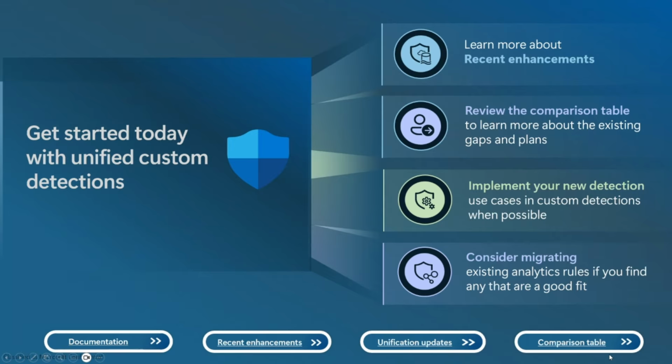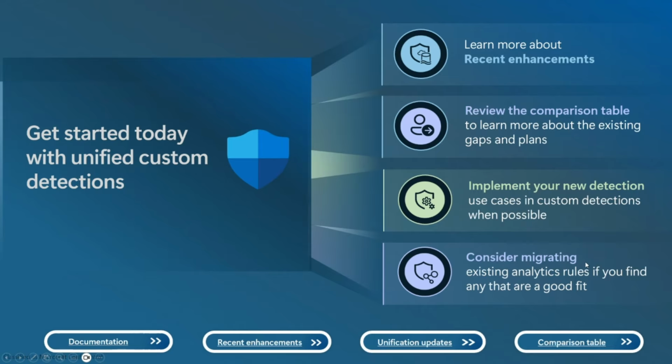So after reviewing the comparison table, if your use case is able to be performed by custom detections, we recommend and encourage you to create your use case with custom detection. If not, obviously analytics rule will still continue to be available, but hopefully you start adopting custom detection as soon as possible.